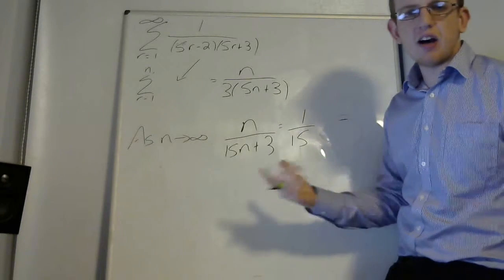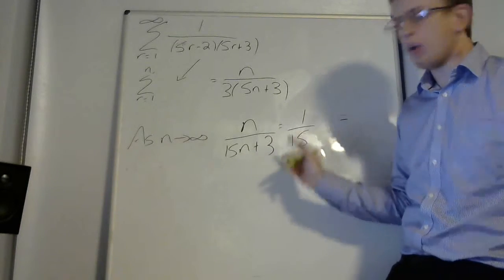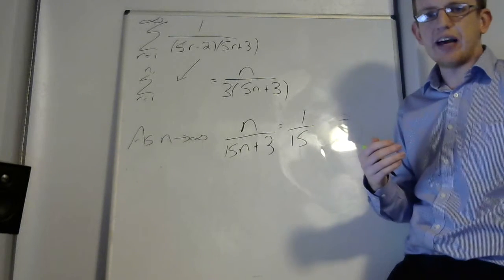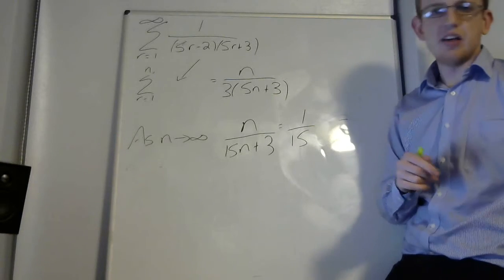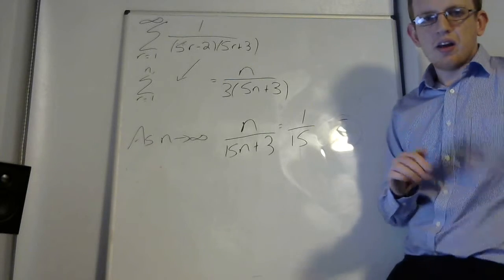Something that's incredibly large divided by 15 lots of that same number will be 1 over 15. So the answer to the last question then is 1 over 15. Don't have to say too much to get that 1 mark, I would have thought.